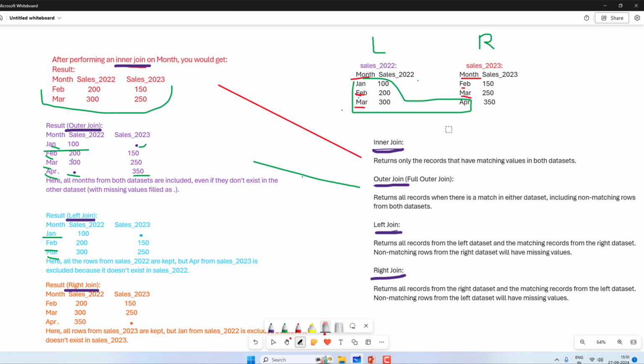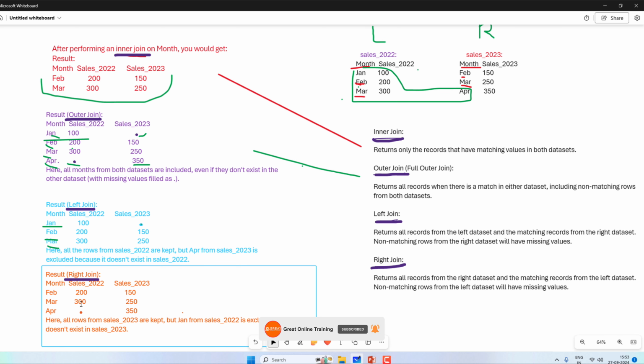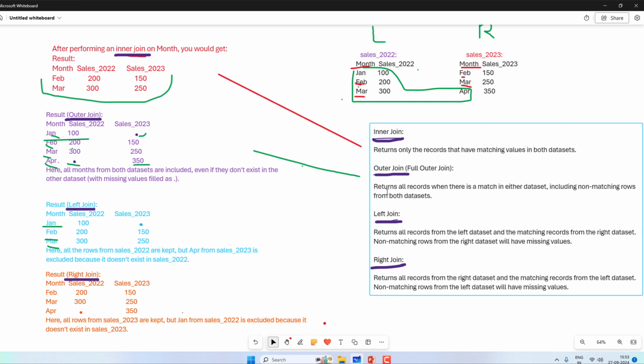April is not present in 2022, so it will give us the missing. Sorry, there is something wrong here, I have to change. In April, 2022 is missing and 2023 is present. So that's the difference between these four joins: inner join, outer join, left join and right join.